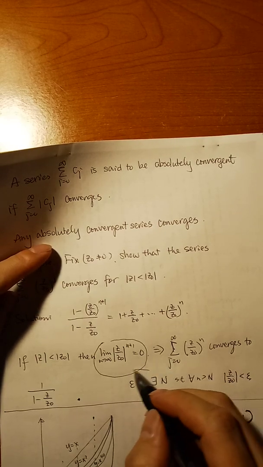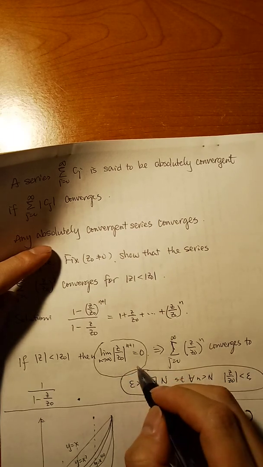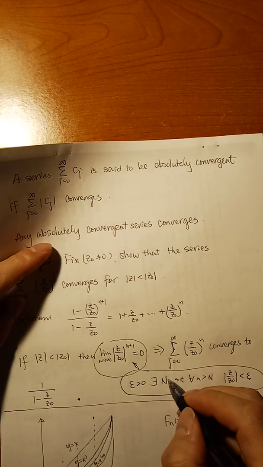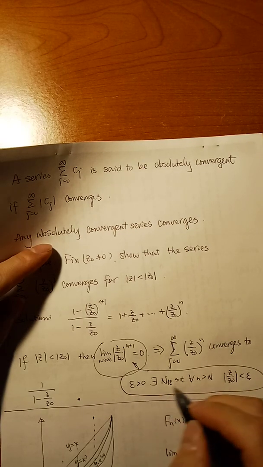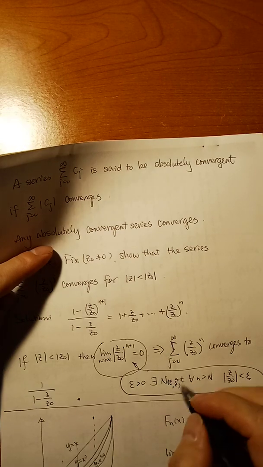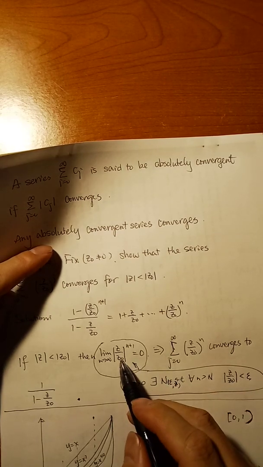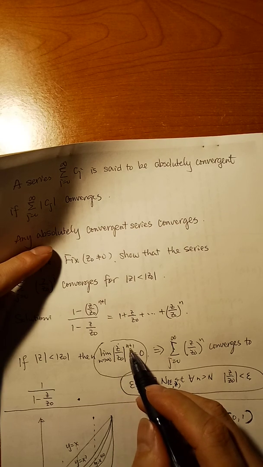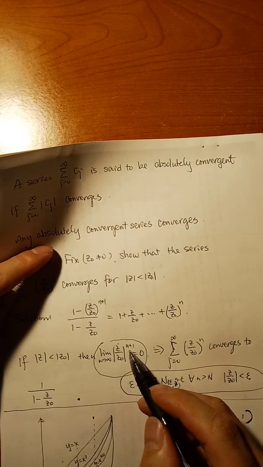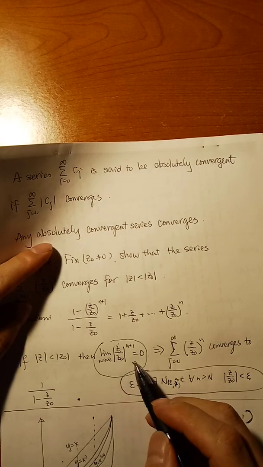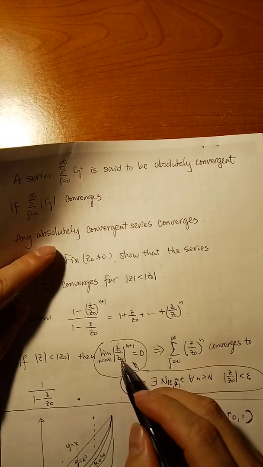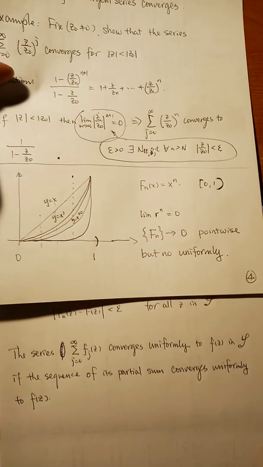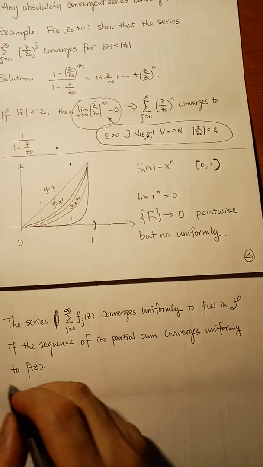This is the epsilon-N language for this convergent sequence. But this capital N, of course, depends on epsilon. The capital N also depends on z. For z very close to z0, this number is close to 1. When it is close to 1, you need a bigger N. If z is close to 0, then z over z0 is very close to 0, and then you don't need a big N. You need a small N. So let me write it down here. That's an example.